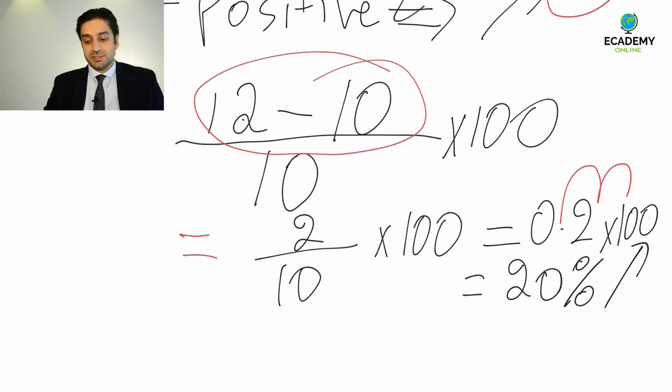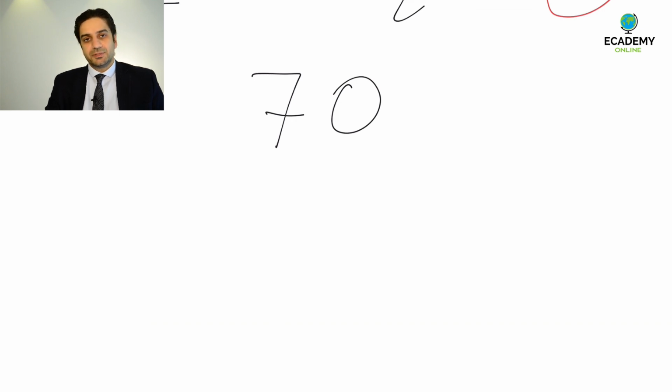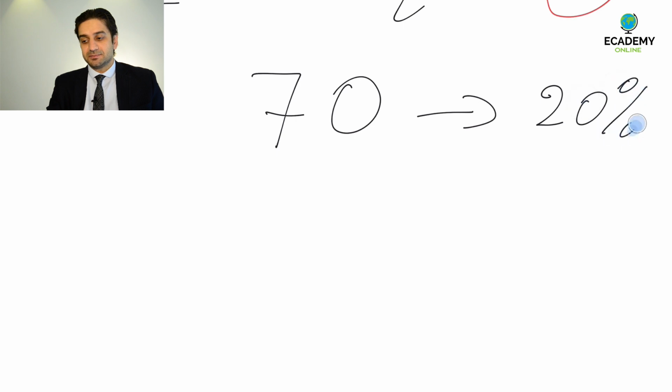Another use for percentages, when we need to calculate a percent of something, that is, we start off with an original value. Let's say we start off with 50 or 70 apples. If we are starting with 70 apples, and I gave Michael 20% of my apples, so Michael gets 20% of my apples.